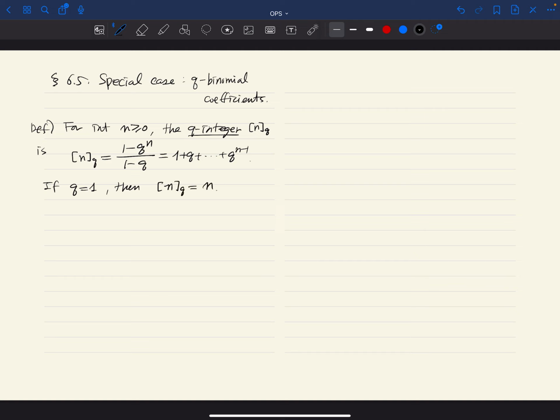So you can think of this as a kind of generalization of the integer n. Okay, so we have a parameter, and the q factorial, which I denote by n sub q factorial, like this.